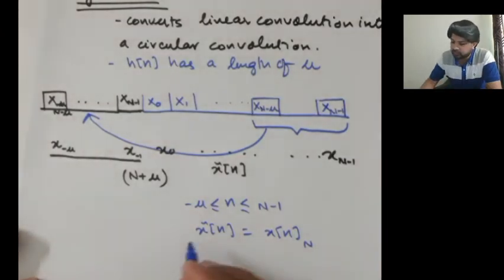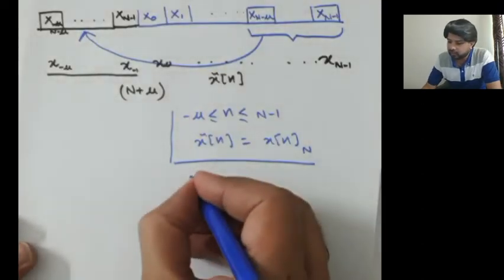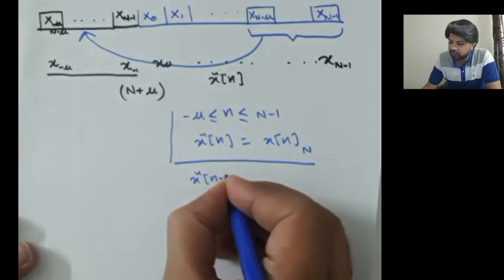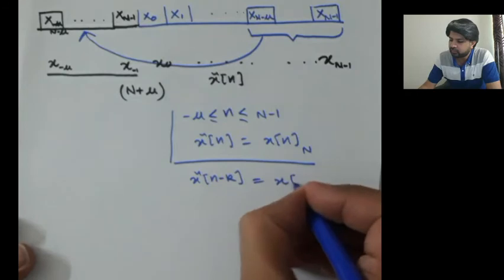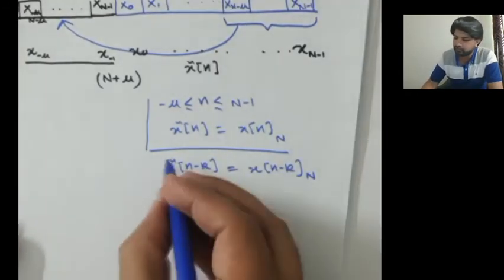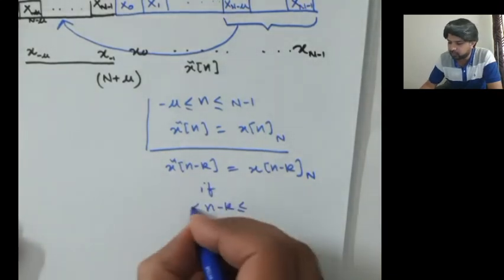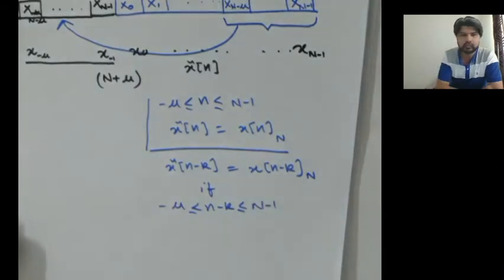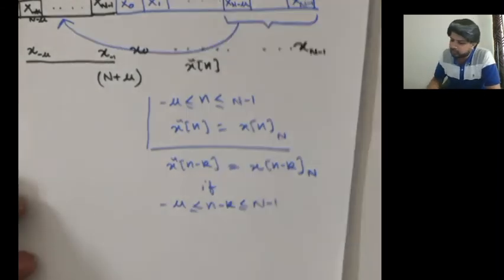Similarly, this fact would mean that x tilde of n minus k would be equal to x of n minus k modulo N if n minus k is between minus mu and N minus 1, right? So that is clear here, straightforward.